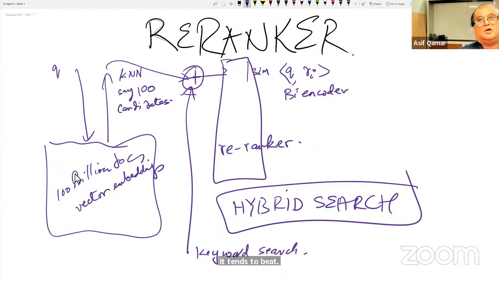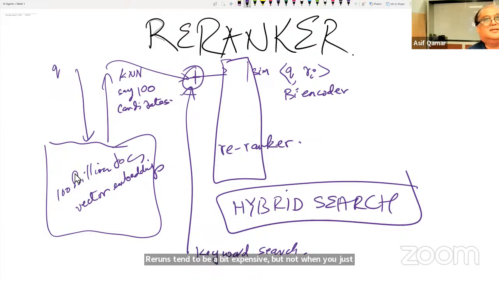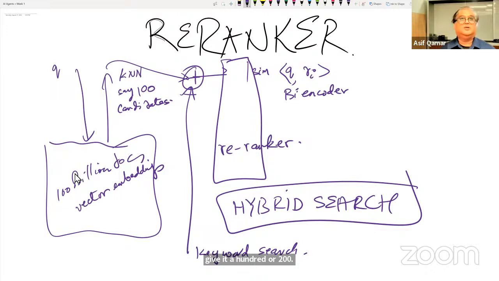But just to safeguard it, why not take the best of both worlds, put a re-ranker? Re-rankers tend to be a bit expensive, but not when you just give it 100 or 200 or 50 queries. I mean, if it is just 1 or 2 inference batches, because you always pass data in mini batches, it can just go through in one payload.